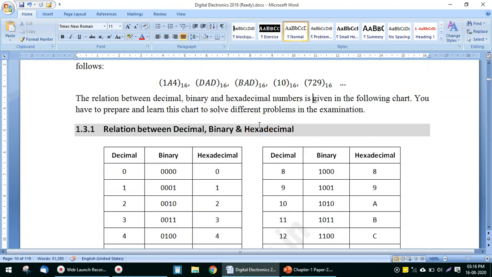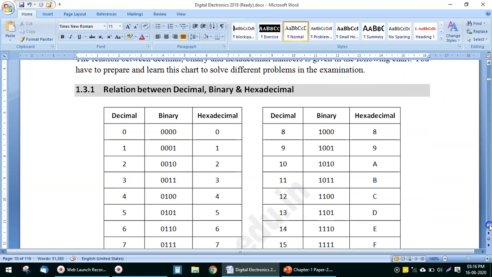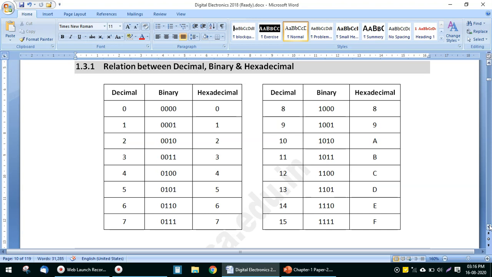Now the relationship between decimal, binary and hexadecimal numbers is given in the following chart. You have to remember this complete chart, and it is not that difficult. It is very easy.